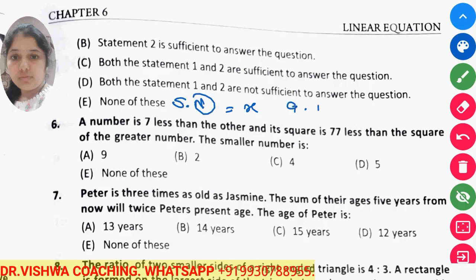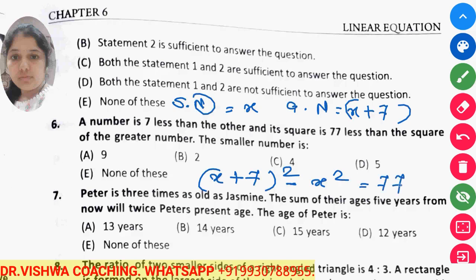Now which is the greater number? The greater number is x plus 7. Now they say the square of this smaller number is 77 less than the square of the greater number. So the equation form will be (x plus 7) square minus x square is equal to 77.